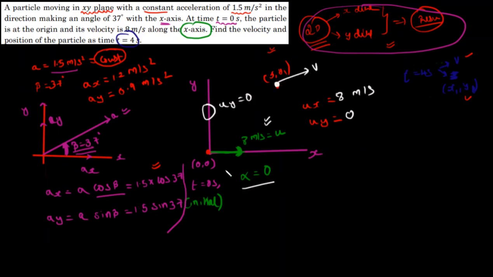First I can find the velocity in the x direction and the y direction separately. Later I can use the formula v equal to root of vx square plus vy square to get v. Very simple. Similarly, we can find the point at which it is lying. We will do it one by one.